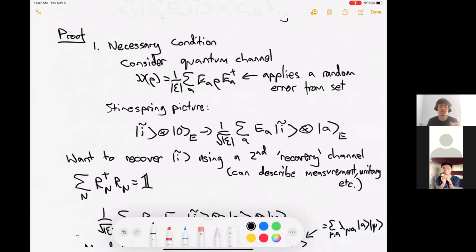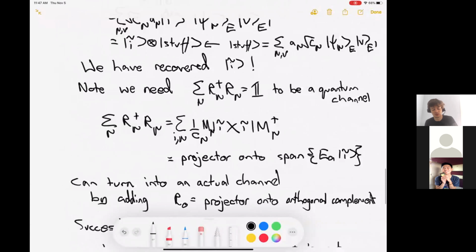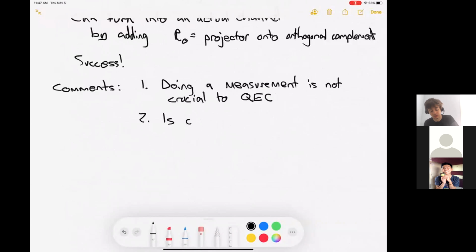And so I can't get the system back to definitely being in the state I tilde. So it is crucial to have some extra degrees of freedom.